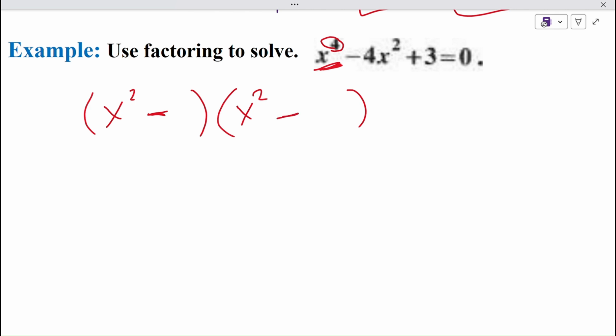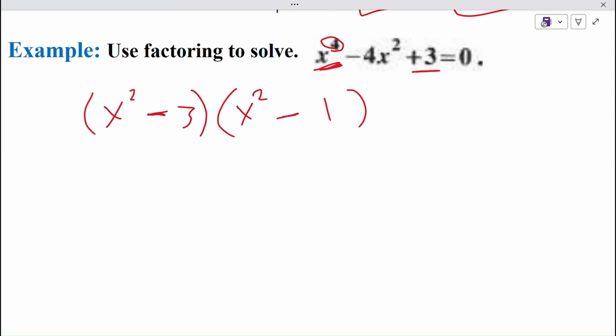And find a number whose product is 3, and their sum is minus 4. Okay, for 3 we just have 3 times 1. Now you can check it, but this is right.